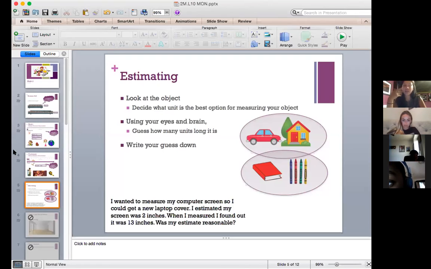Kofi, can I see your head in the screen, because I know you have experience with measurements. Would it be smart for me to use feet to measure crayons? No, because feet are bigger and crayons are tiny. So even 1 foot is too big to measure a crayon. So I'm going to use inches to measure, or even centimeters to measure my crayons.